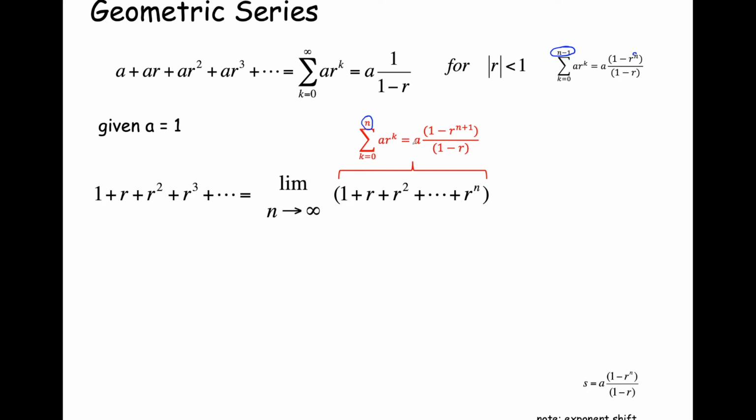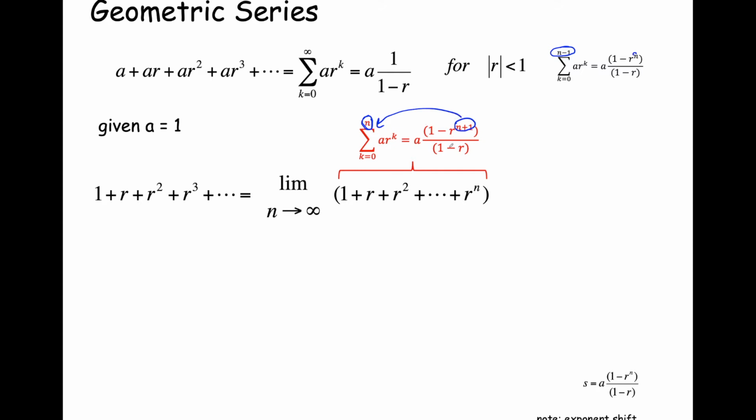So we're going to say a times 1 minus r to the n plus 1 power. N plus 1 is 1 more, right? So this is 1 more than that upper limit for the index for the summation. So it's a times quantity 1 minus r to the n plus 1 power upon 1 minus r.